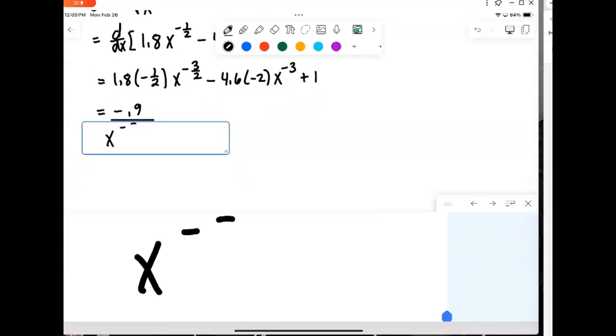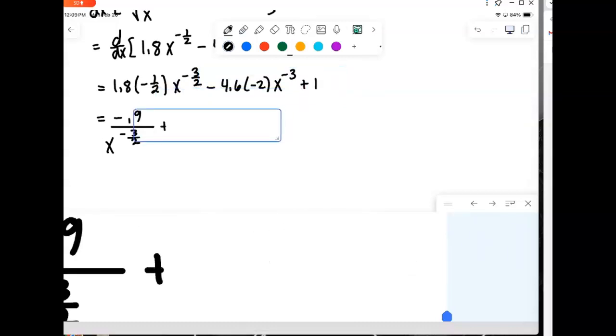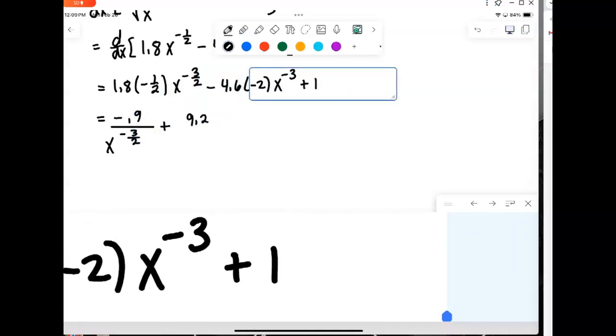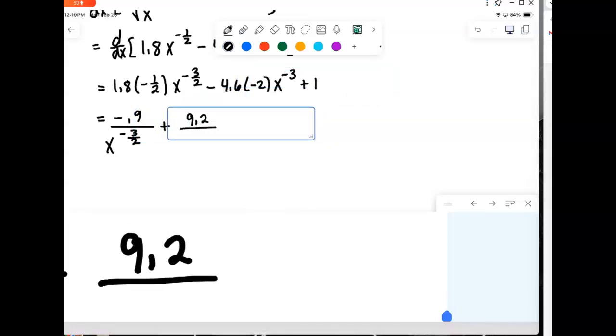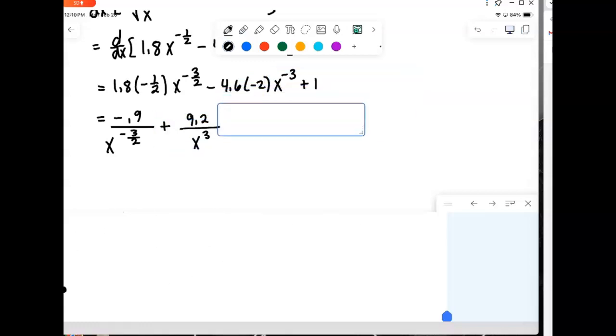And then I'm going to have a negative 4.6 times a negative 2 is going to become a plus 9.2. And then I have an x to the negative 3rd. So that's going to slide to the bottom, becoming just x to the 3rd. And then I have just plus 1.